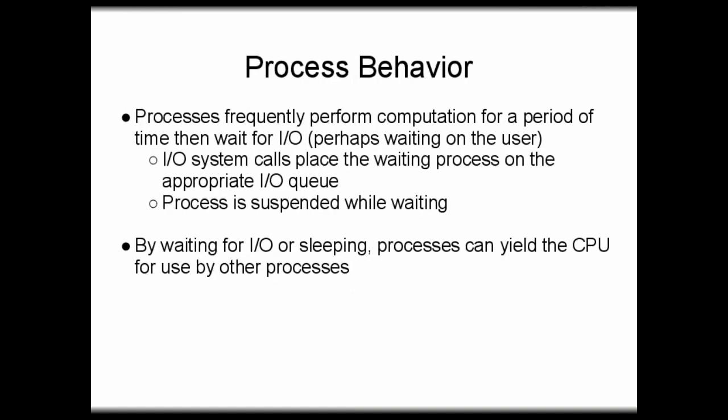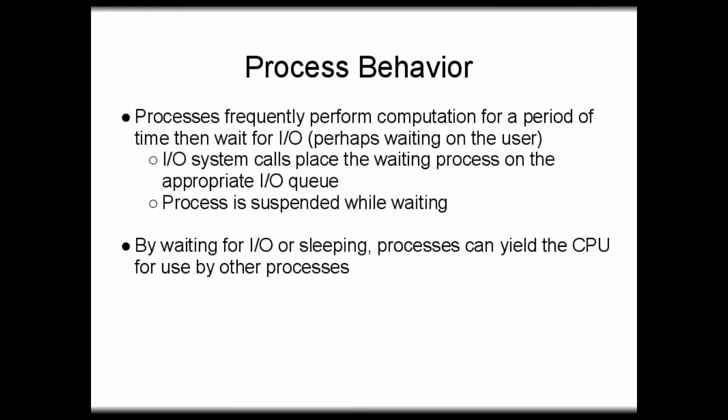The key to making effective scheduling decisions is to understand the behavior of typical processes in the system. In general, processes are either executing on the CPU or they are waiting for I/O operations to complete. While a process is waiting for I/O, there is no need for that process to be assigned to a CPU core, since it will not be able to make forward progress until the I/O operation has completed.